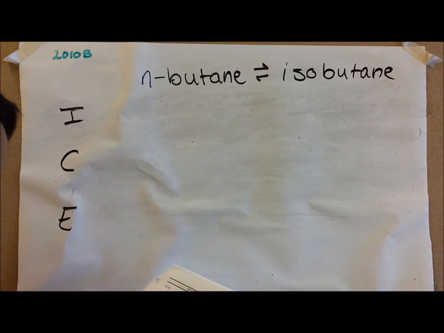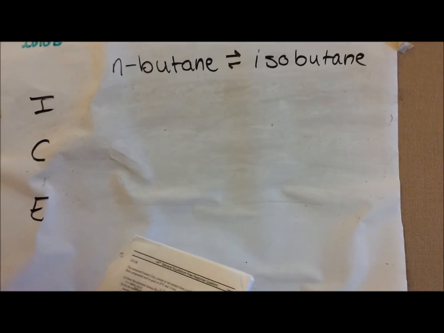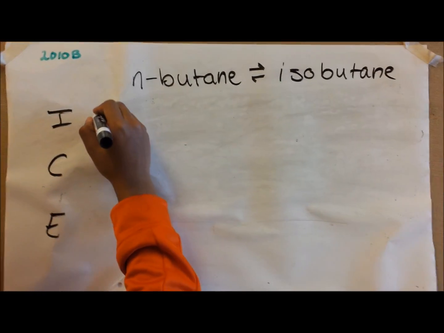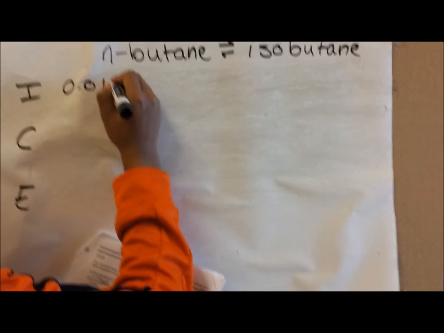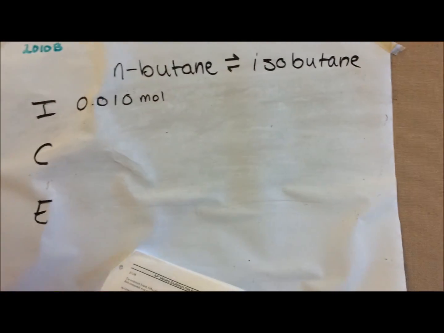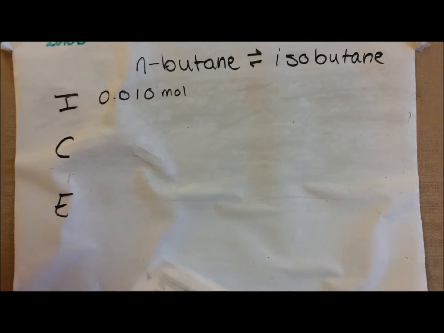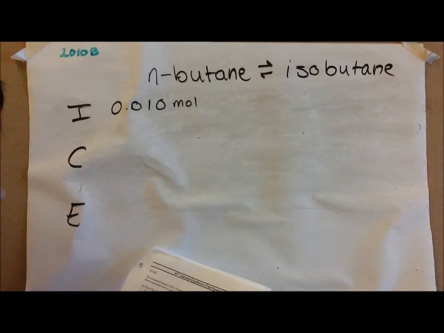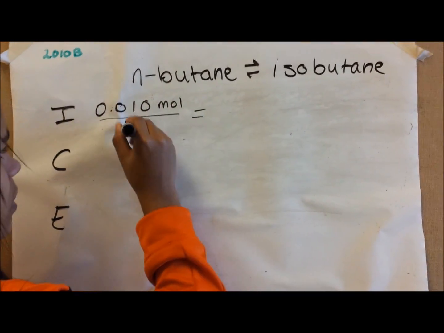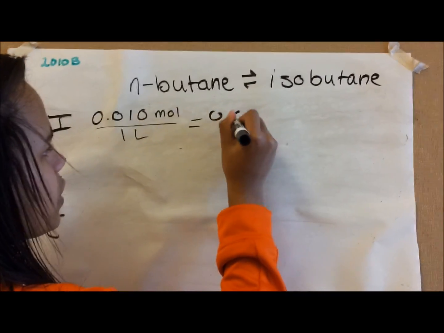The initial concentration of N-butane, which is given, is 0.010 moles. To convert that to molarity, you divide by the liters, which will give you the same number, 0.010.